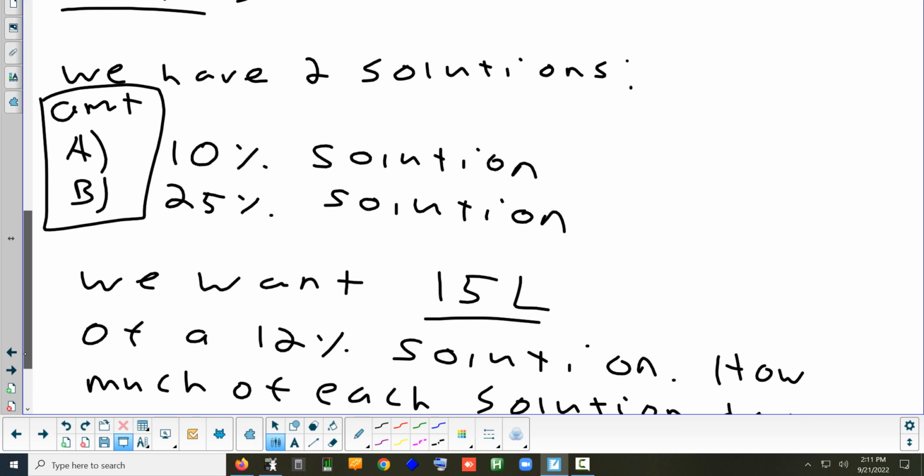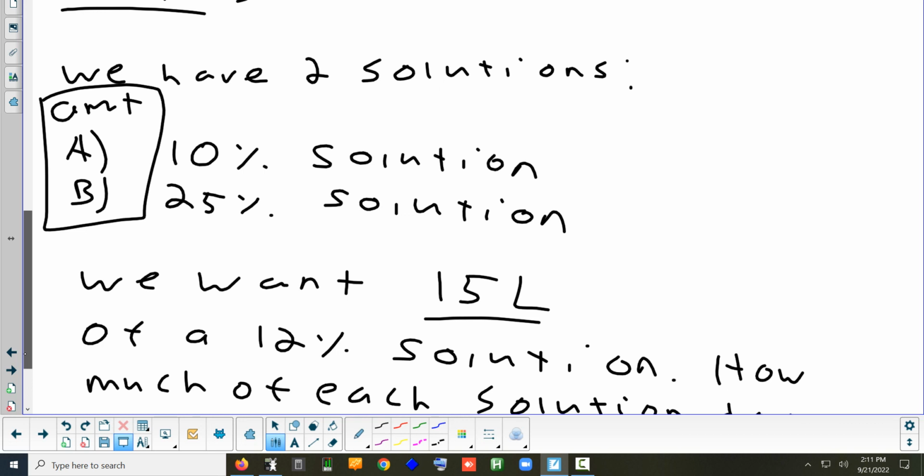What's our variable that represents how much we're going to use of the 10%? A. So the amount, AMT stands for amount. The amount that we're using of the 10% solution is A.